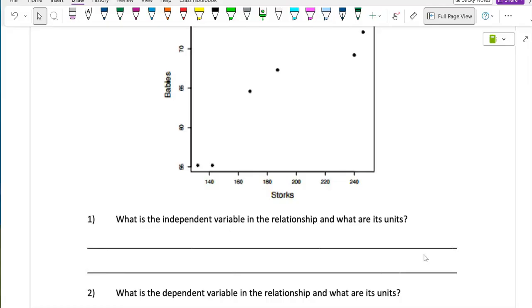Storks and babies. So between storks and babies, which one, based on their position on the graph, would be the independent variable? The storks. The x variable is usually the independent variable, because remember, when we graph the x variable first, the y variable depends on where we had graphed that x.